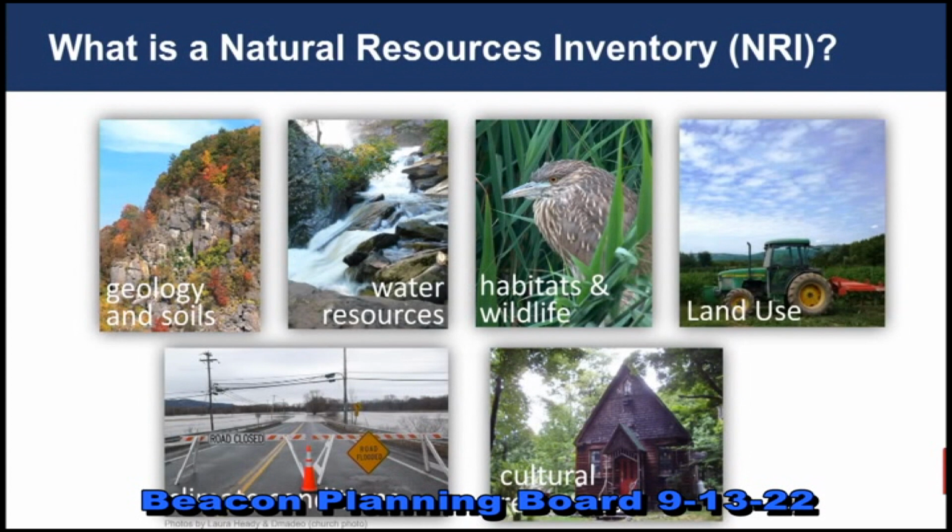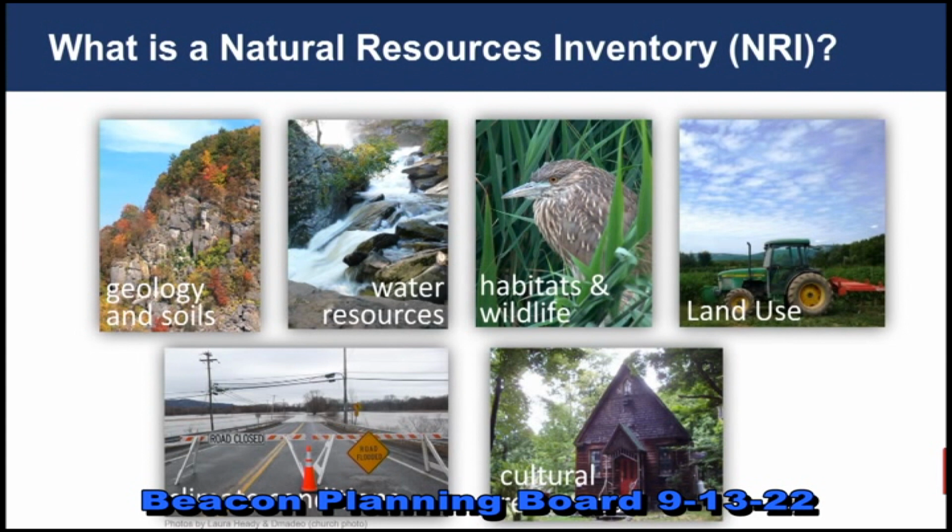So a natural resources inventory is basically a compilation of information, including maps and descriptions, a narrative report about geology and soils, water resources, including drinking water, streams, watersheds, important habitats, wildlife records, information about land use, and more recently, including information about climate change, current climate conditions, and future projections, how communities may be affected.